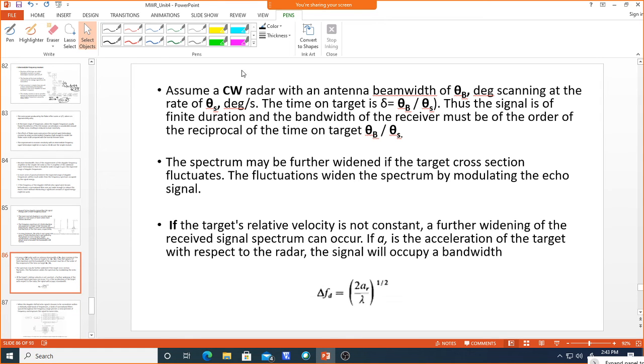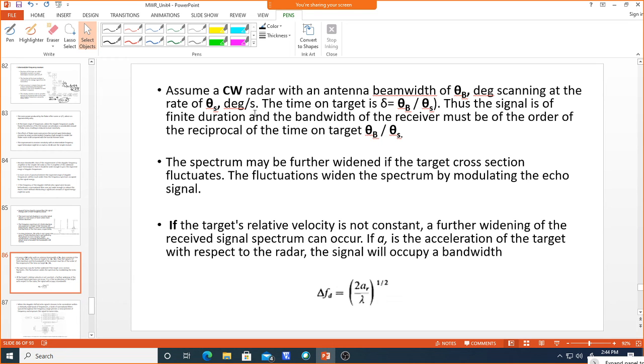Now assume a continuous wave radar with antenna beam width theta b, scanning at the rate of theta s degrees per second. The time on target is defined by delta, which is theta b by theta s, that is, the beam width by the scanning rate.